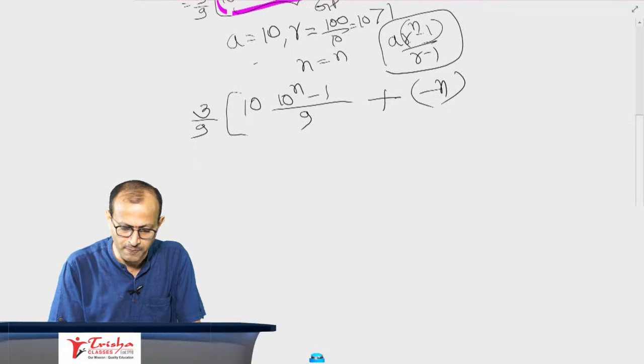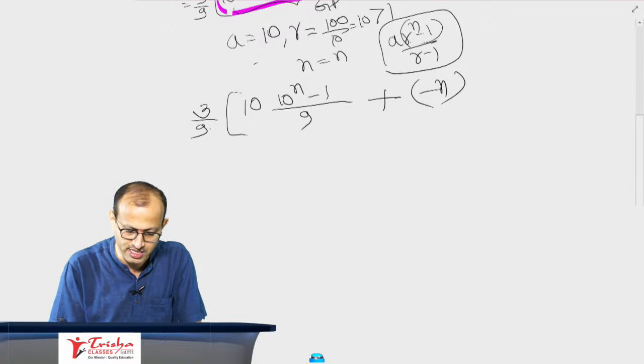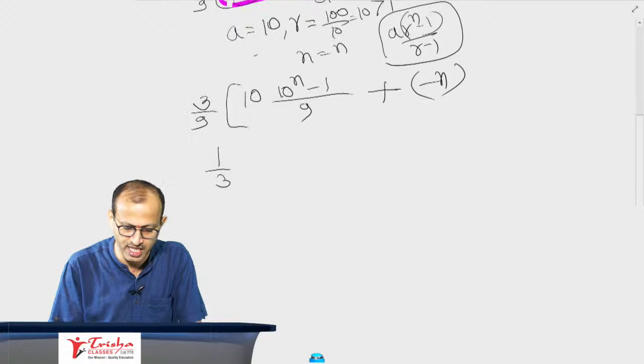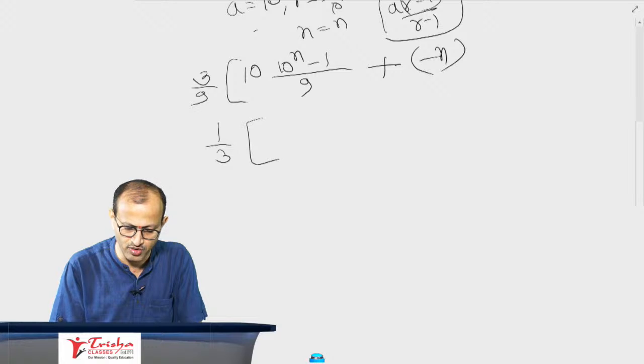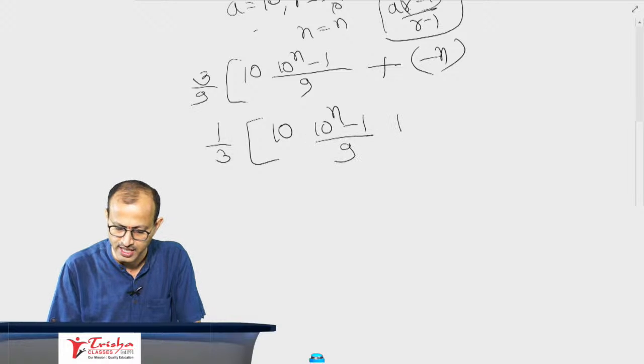Next step, I should simplify this. How do I simplify it? You tell me. This 3 by 9 is 1 by 3. Do you all agree with me? 3 by 9 is 1 by 3 into 10 into 10 to the power n minus 1 by 9 plus into minus minus.